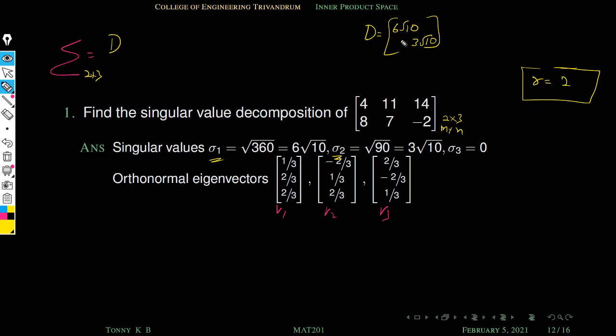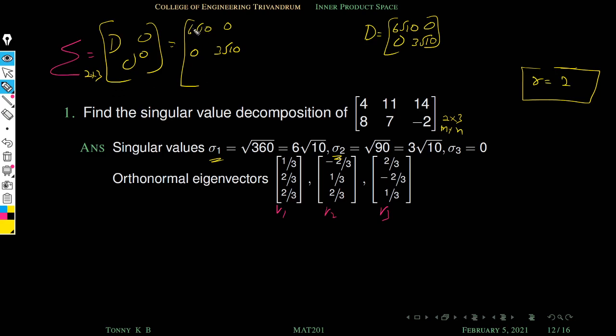So anyway, D is this one. Then how to construct sigma? Sigma should be of the form D and remaining are 0, and the order of sigma should be 2 by 3. So in this case, D is 6 root 10, 0, 0, 3 root 10.